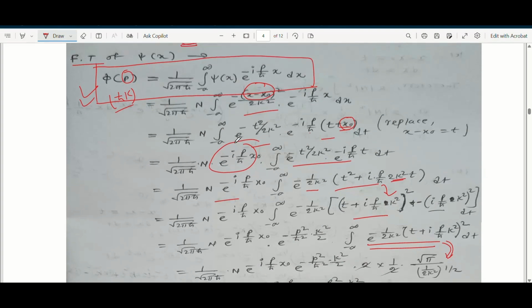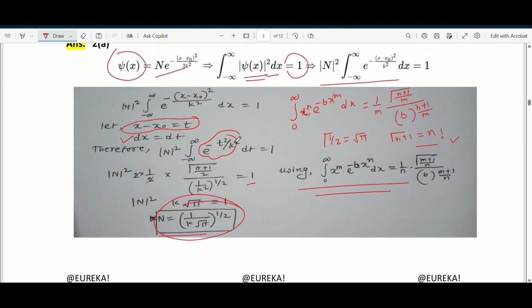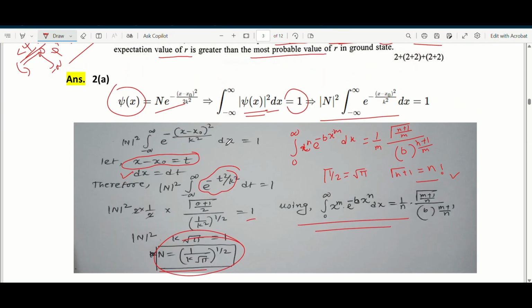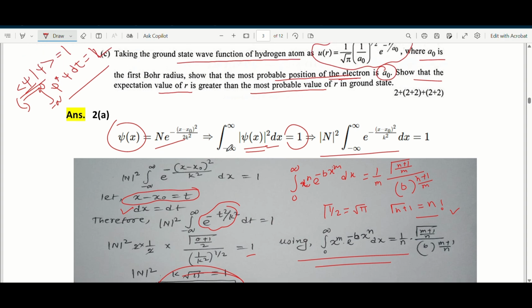But in the previous problem, the function is a unidirectional function, because psi depends on x only. That's why we use dx there. But in general, we need to integrate from minus infinity to plus infinity psi star psi into d tau, where d tau is the volume.